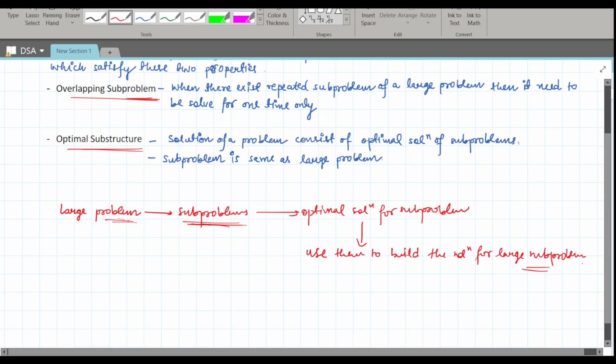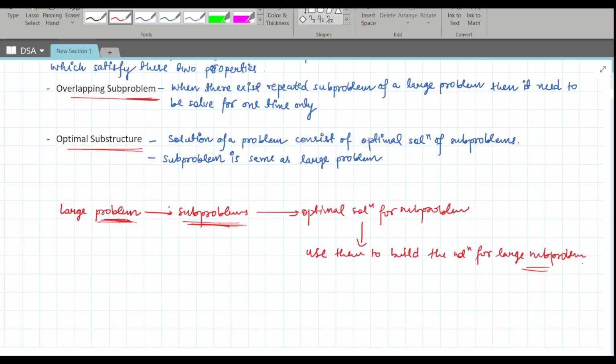The subproblem is the same as the large problem, the only difference is that we have reduced the parameter, but the problem remains the same. If we find an optimal solution for the large problem, which consists of many subproblems, then the subproblems also have optimal solutions.